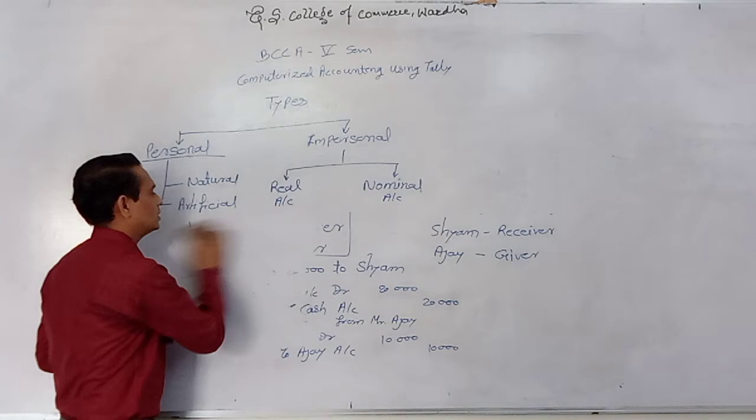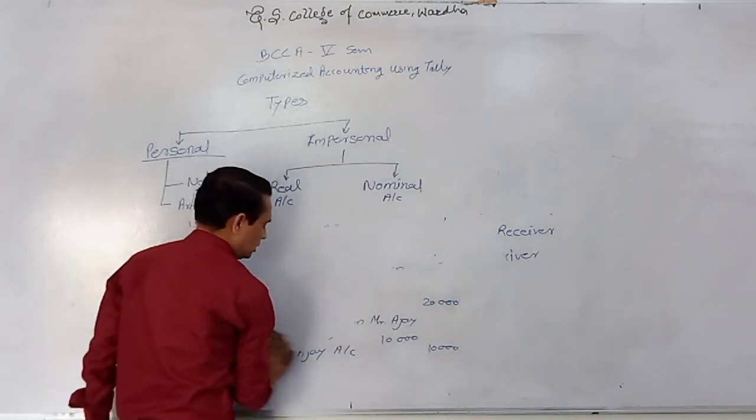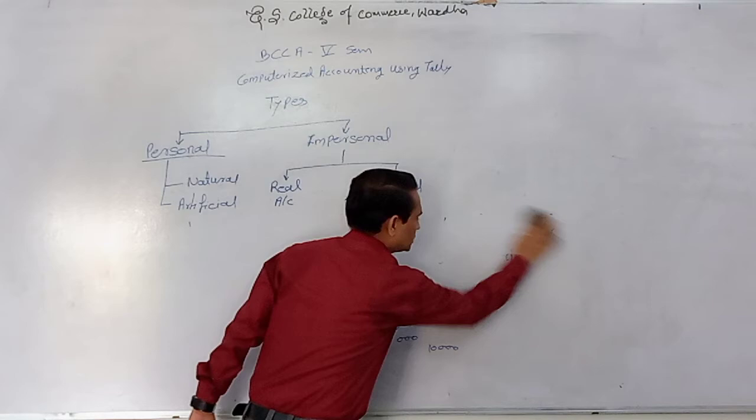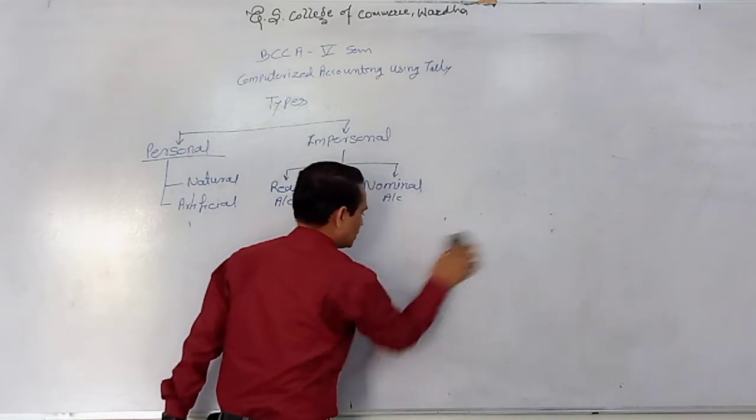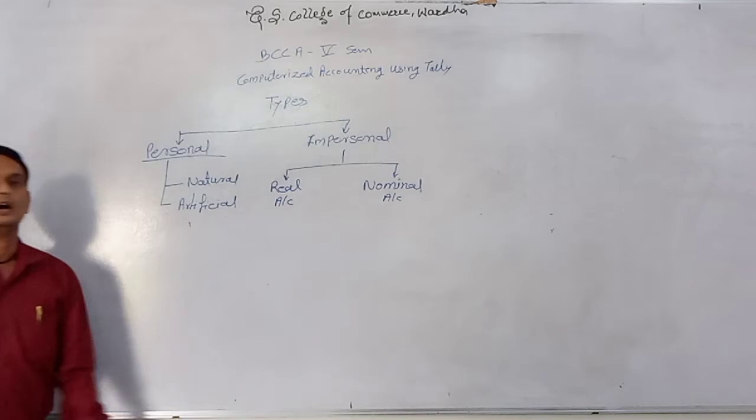Now the second type is called impersonal, where physically existing accounts are available.